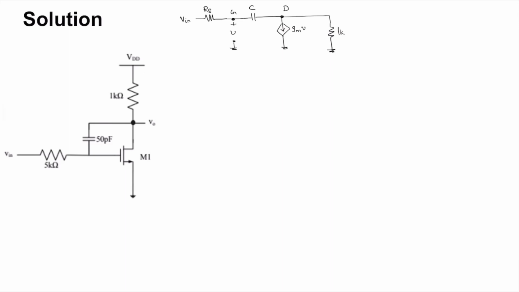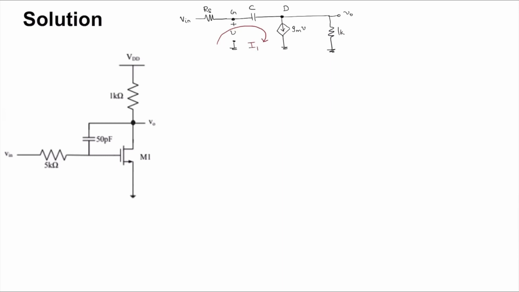Now we can analyze this circuit to get a relationship between Vin and Vout. I will use the method of signal flow graph to generate the transfer function.